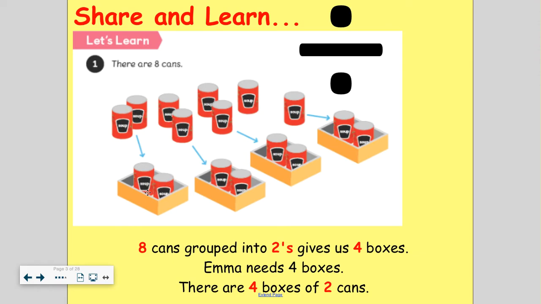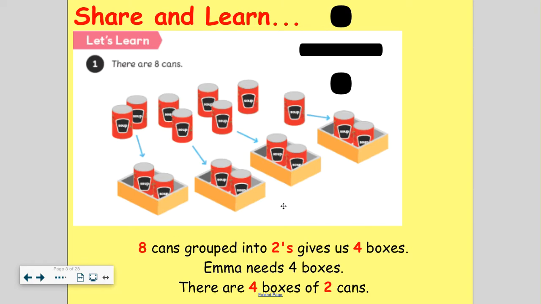She grouped them into boxes of 2, and she has 1, 2, 3, 4 boxes altogether. She still has 8 cans of soup. 2, 4, 6, 8. Just she has sorted them into equal groups. It says here, 8 cans grouped into 2s gives us 4 boxes. Emma needs 4 boxes. There are 4 boxes of 2 cans.